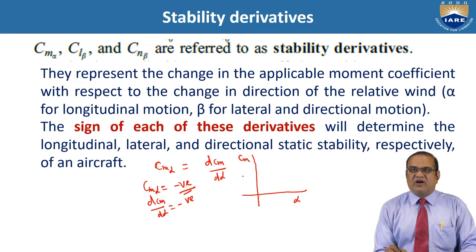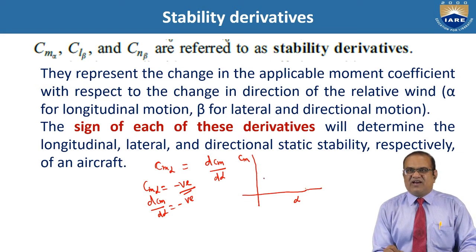The slope of this curve, if you see here that this is the alpha, if I draw a line like this, here is positive and here is negative. So the slope of this curve, that is called dCm by d alpha, is negative.